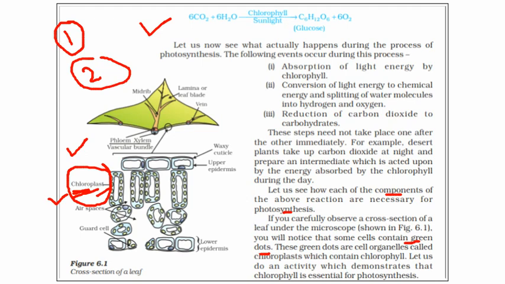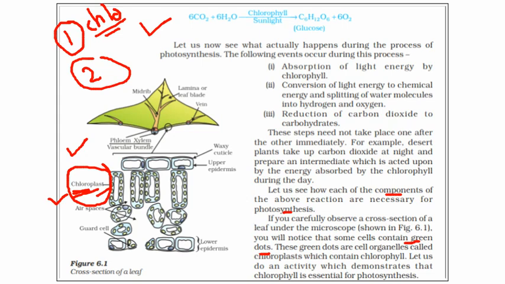In that you have to watch that chlorophyll is necessary or essential for the process called photosynthesis. Clear? Because chlorophyll is a must for the process. So you must watch the below video which I am attaching here.